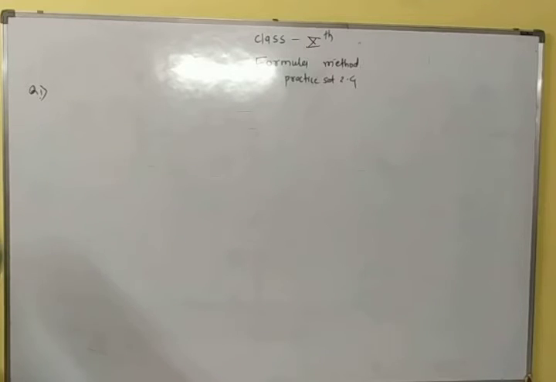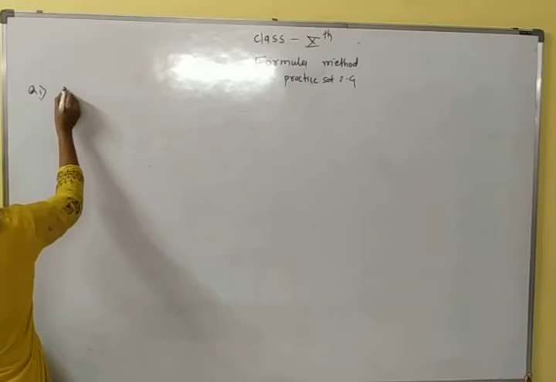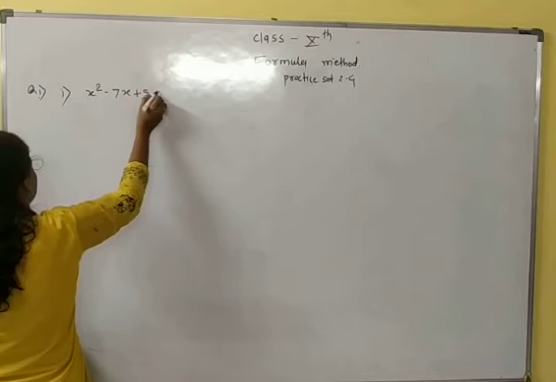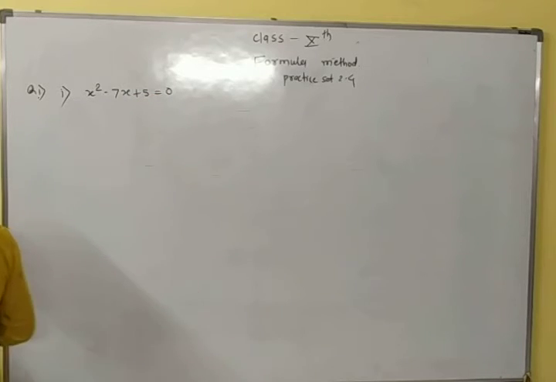Question number 1. Compare the given quadratic equations to the general form and write the values of a, b, c. Problem number 1: x² − 7x + 5 = 0.